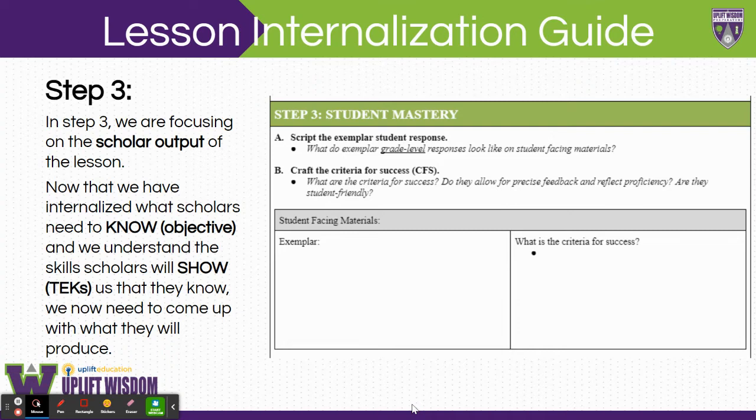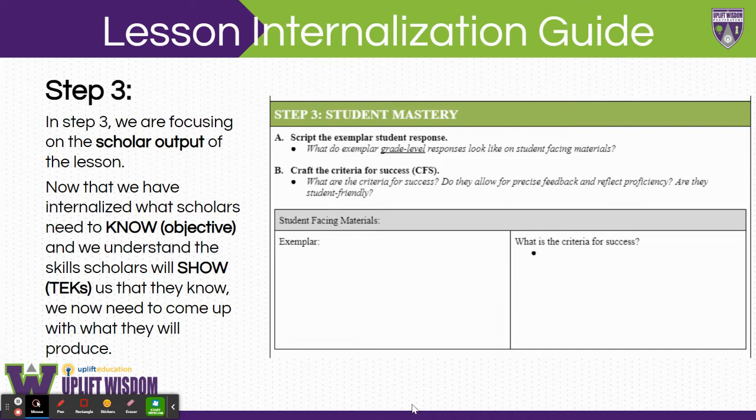So what is the know? What do scholars need to know? The know is the objective. That question just let me know that I wasn't clear. That's your output, right? So I'm going to go back.